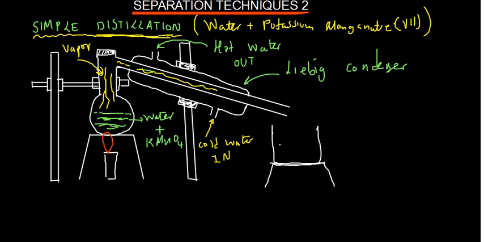So the process by which a gas changes into a liquid is called condensation. Okay, so the water is going to condense, and when it condenses, it's going to start dropping as a liquid.